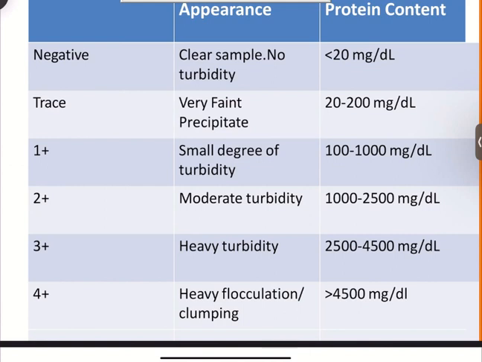Trace or very faint precipitate, 20 to 100 milligram per deciliter. 1 plus, small degree of turbidity, 100 to 1000 milligram per deciliter. 2 plus, moderate turbidity, 1000 to 2500 milligram per deciliter. 3 plus, heavy turbidity, 2500 to 4500 milligram per deciliter. 4 plus, heavy flocculation or clumping is present, greater than 5000 milligram per deciliter.